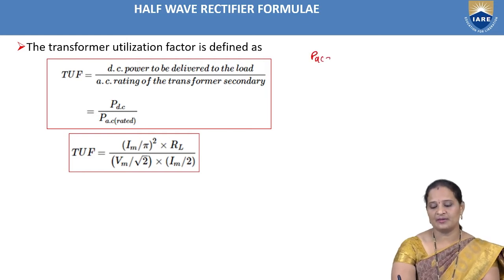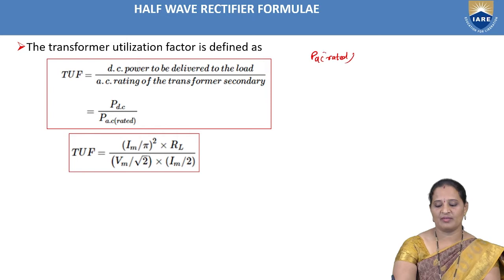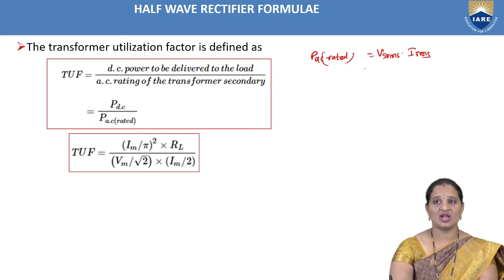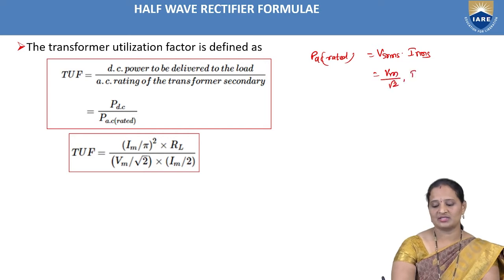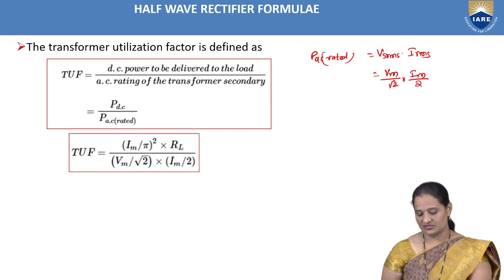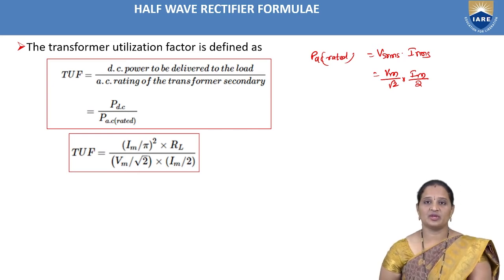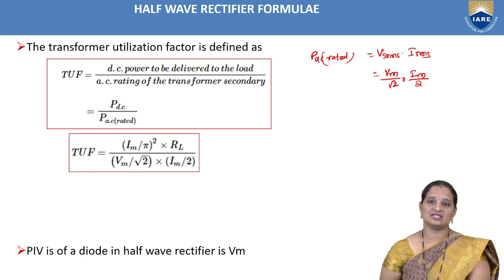So PAC rated will be given by Vs RMS into IRMS, where Vs RMS is the RMS value of the AC voltage at the secondary winding, given by Vm by root 2, and IRMS is Im by 2. So the transformer utilization factor is PDC divided by PAC rated.